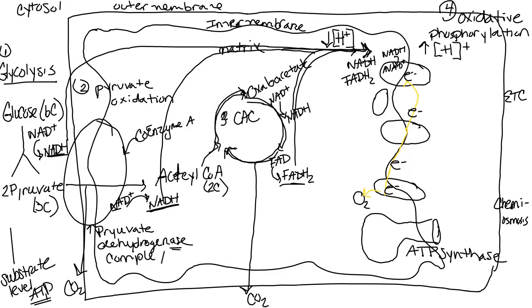Now, the reason why we continue to have a low hydrogen concentration in the matrix is because any hydrogens that are around here are eventually going to, with the help of this electron, bond with oxygen, and we reduce it into water. So the oxygen you breathe becomes water with the help of this electron flowing into it. And then the water leaves.